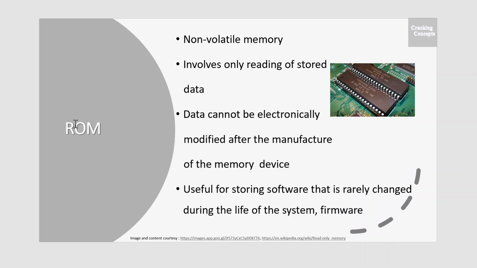ROM stands for Read Only Memory. Data stored here cannot be electronically modified after the manufacture of the memory device. They are useful for storing software that is rarely changed during the life of the system, also known as firmware.